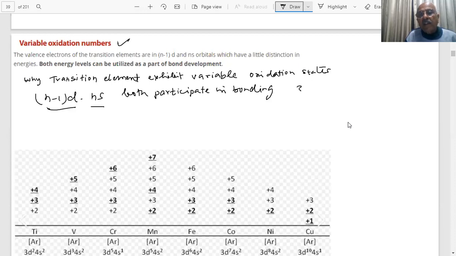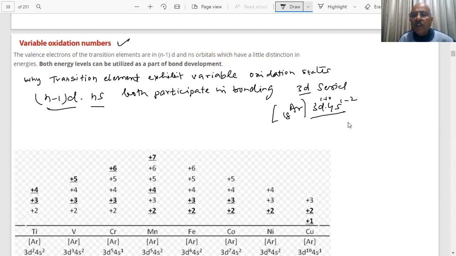For example, in the 3d series, students, what orbitals are there? You have 3d and 4s. How many? 1 to 2 and 1 to 10. Right? This is a general electron configuration. You have argon here. So students, they can participate in the bonding, both d and s.